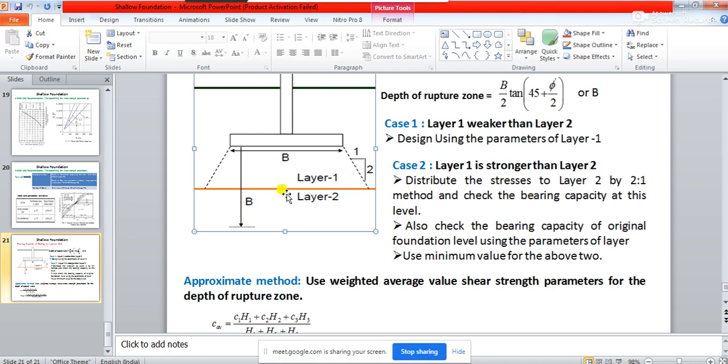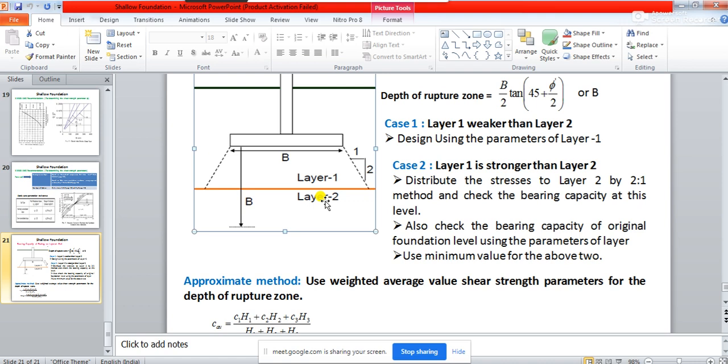So in that case, what will happen? This layer 1 will be considered as a weaker layer, and if the upper layer is weaker and the lower layer is stronger, you will have to calculate the bearing capacity using the shearing strength parameters of the weaker layer.